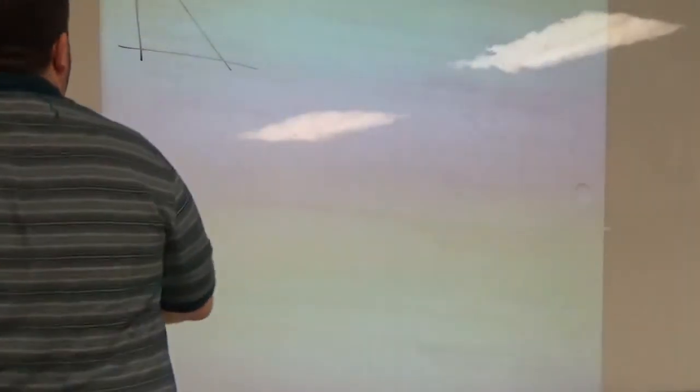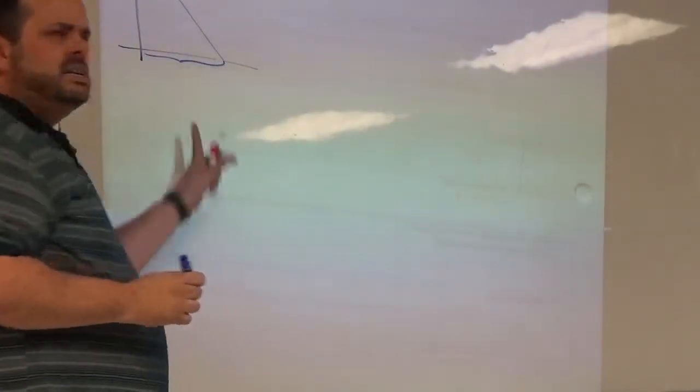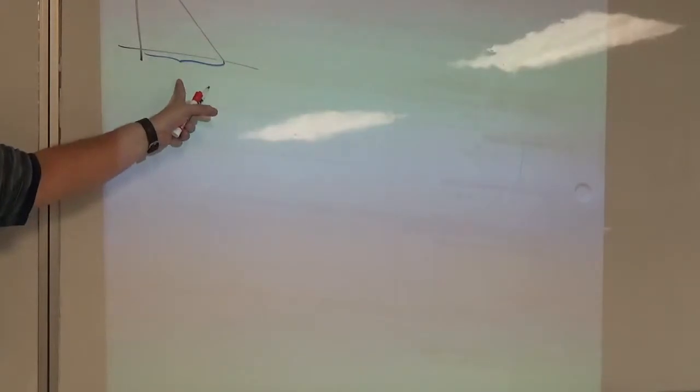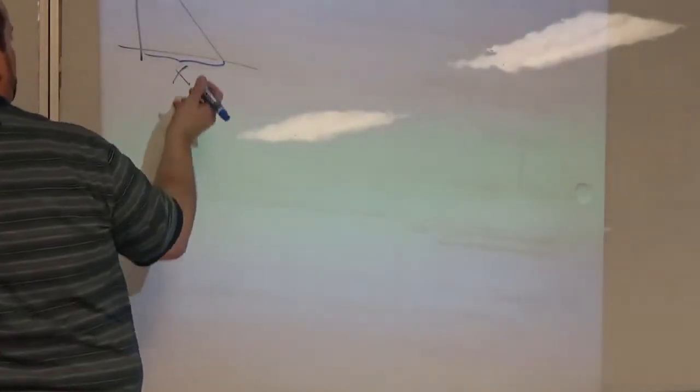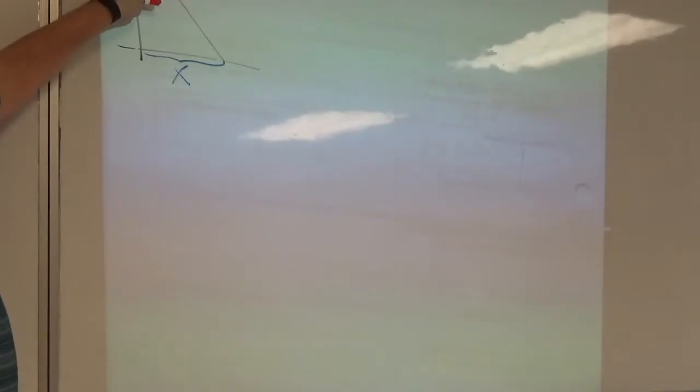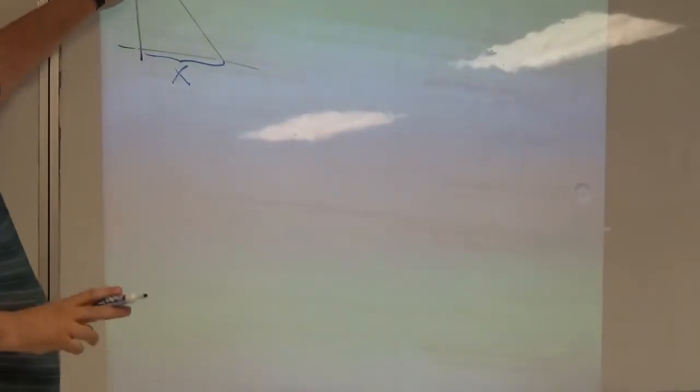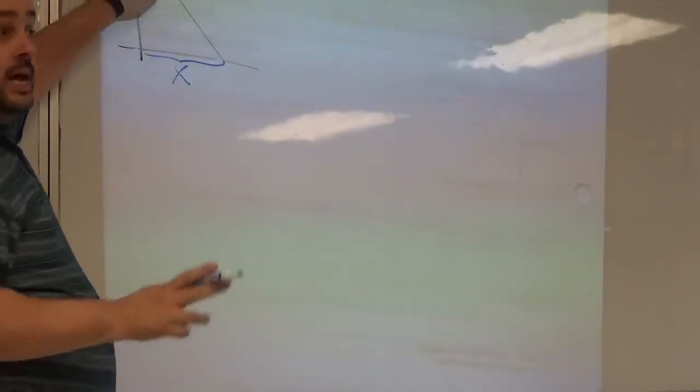Now, I know that this is constant. This is always 6 meters, but the length here, constant or does it change? It changes, so I need a variable name for it. Use whatever variable makes the most sense to you, but I'm going to go with X. The height of the ladder above the ground, constant or changing? It changes.